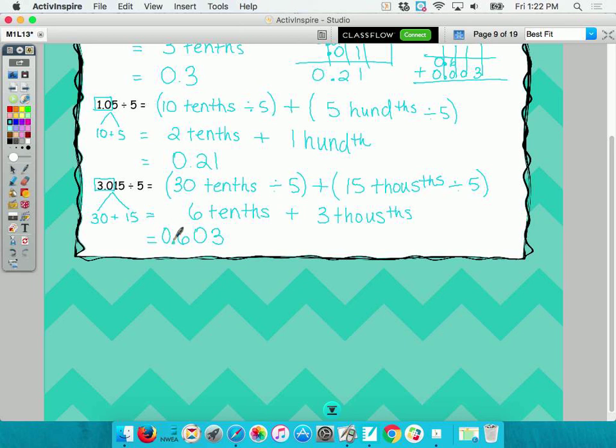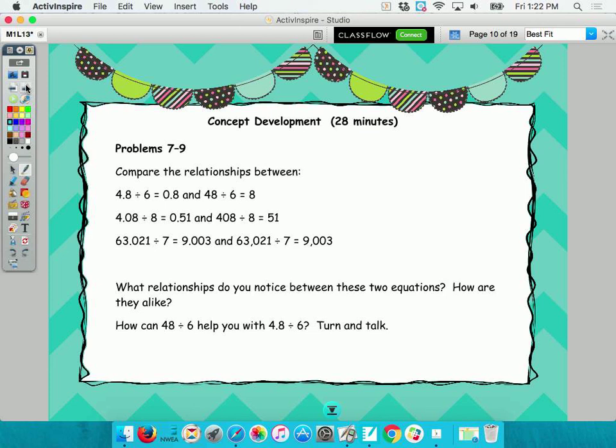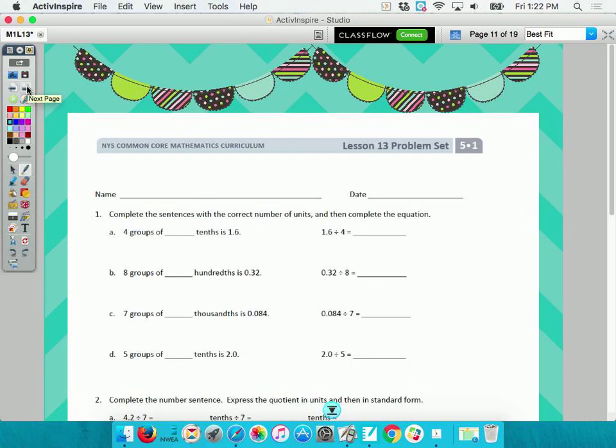And how do I say that number? 603 thousandths. I don't want to hear you tapping anymore. Okay. So is the place value chart at times going to come in handy so you don't make a mistake? Yes. Because chances are some children would have left out the hundredths place, right? Okay. Now go back to your packet and let's skip over to the first page of the problem set.